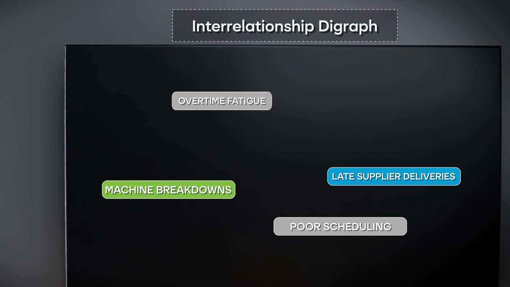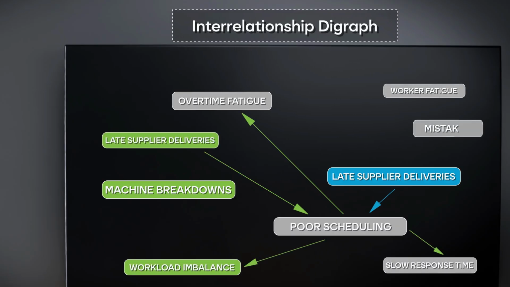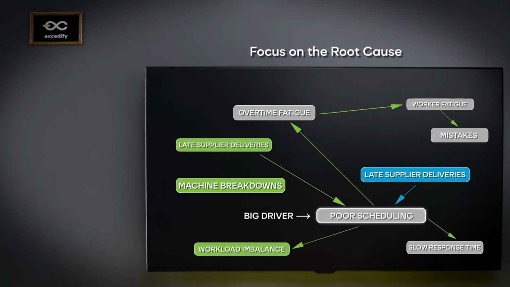For example, late suppliers force poor scheduling. Poor scheduling creates overtime. Overtime leads to tired workers and mistakes. When we finish, we notice that poor scheduling has the most arrows going out of it. It's the big driver. This tool helps you see that instead of chasing every little problem, you should start with the one that drives the rest.